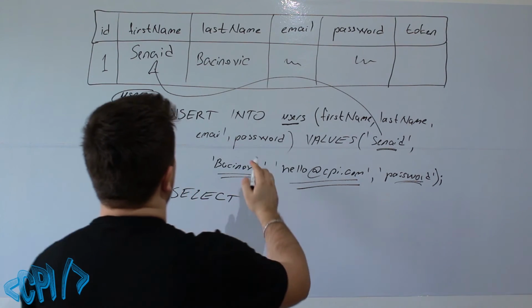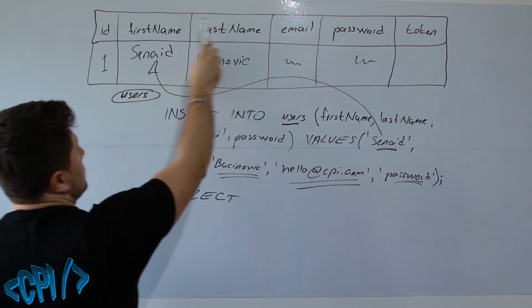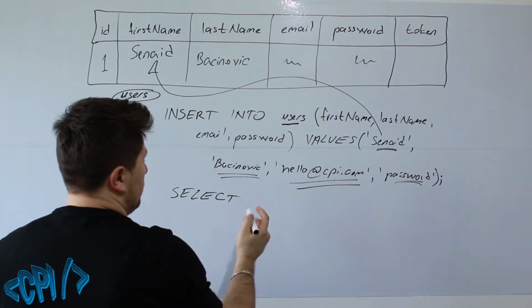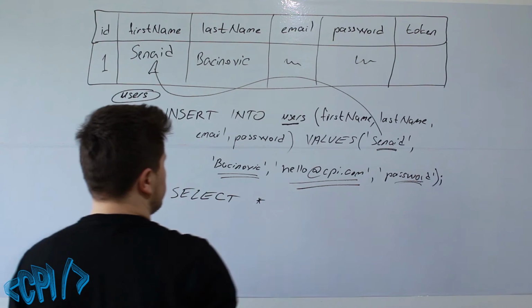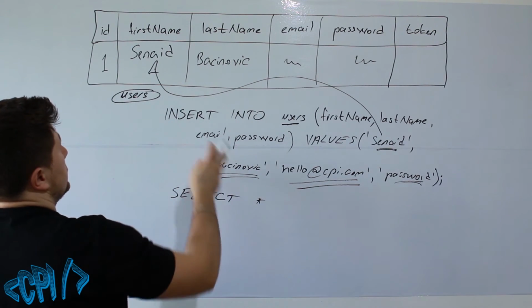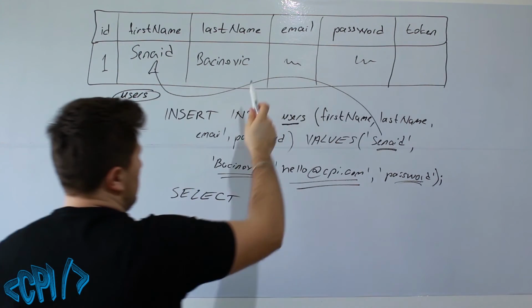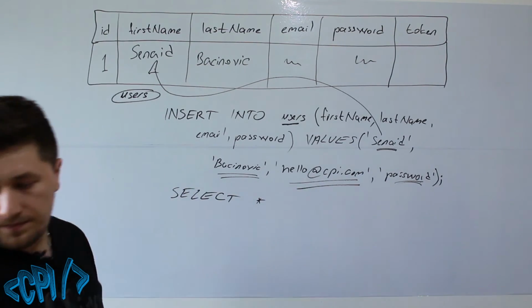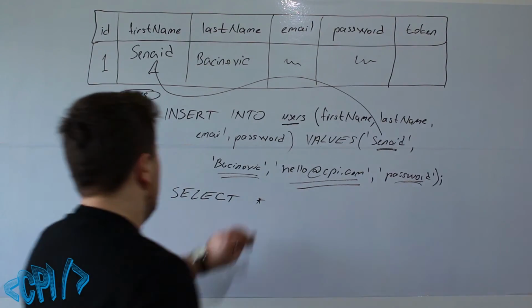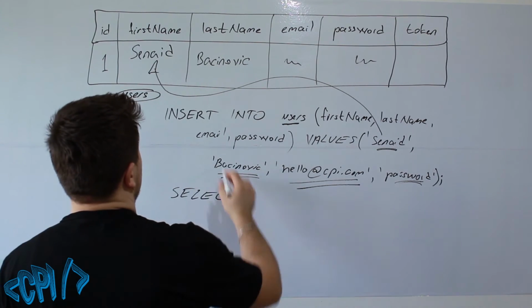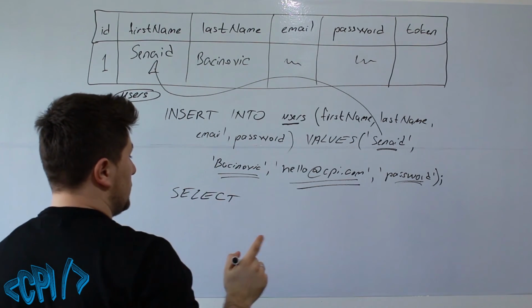Select, and now we are going to write which columns we want to select. If we put star like this, this means we are going to select all those columns. But if we don't want to do this, we can write only the ones we need, which is always the recommended way.